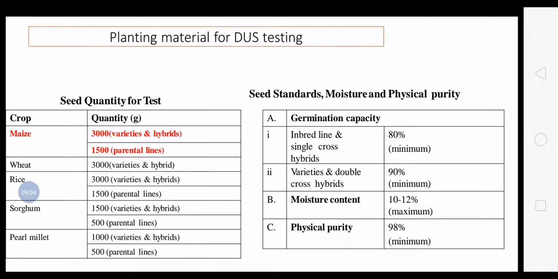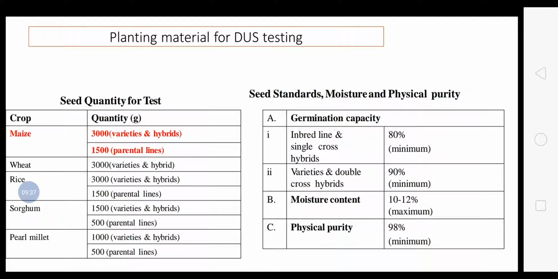Coming to the planting material for DUS testing. We are only talking about maize. Here the quantity of seed required is 3,000 grams for varieties and hybrids and 1,500 grams for parental lines. If we talk about the seed standards, moisture and physical purity, the inbred lines and single cross hybrids should have 80% germination capacity, and varieties and double cross hybrids 90% minimum germination capacity.